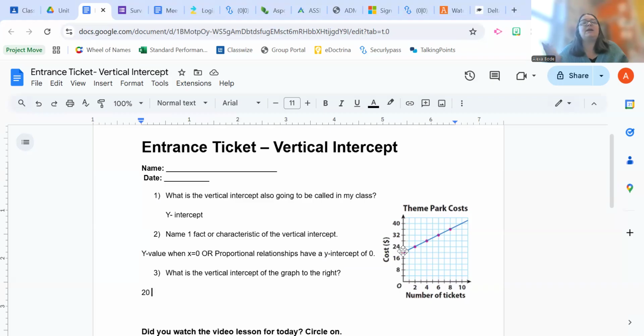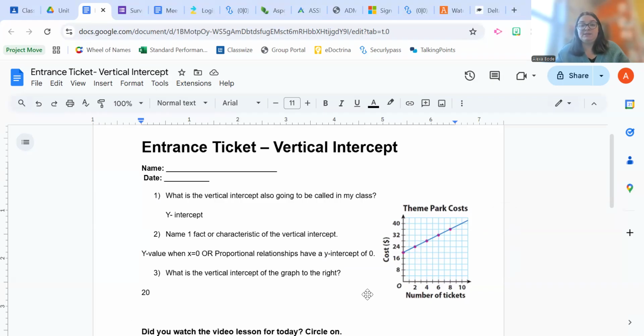Obviously, that doesn't make complete sense. If you buy 0 tickets, you don't go to the park, you're not going to pay them. But it's like the starting amount for when they charge you. So they are going to charge you a flat amount of $20 plus a certain amount per ticket.